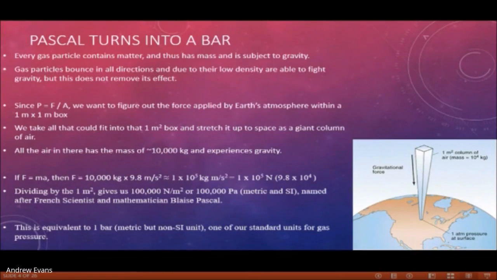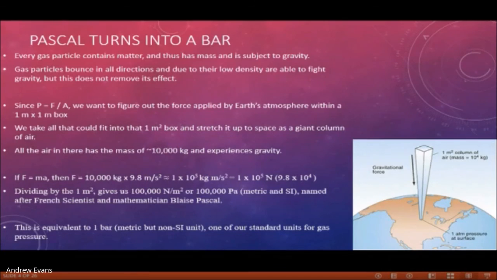Well, in that box, there's about 10,000 kilograms, and gravity is 9.8 meters per second squared. So if force is mass times acceleration, we have 10,000 kilograms times 9.8 meters per second squared. We're going to round that to 10 for simplicity's sake.